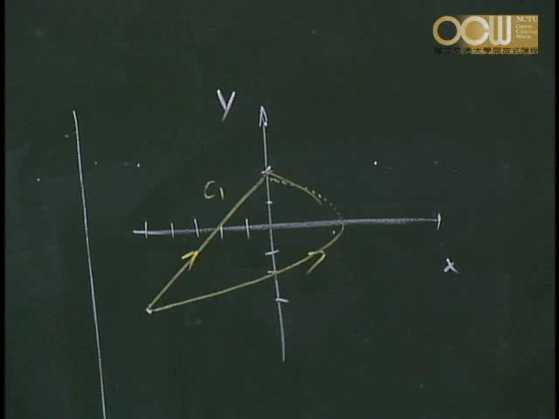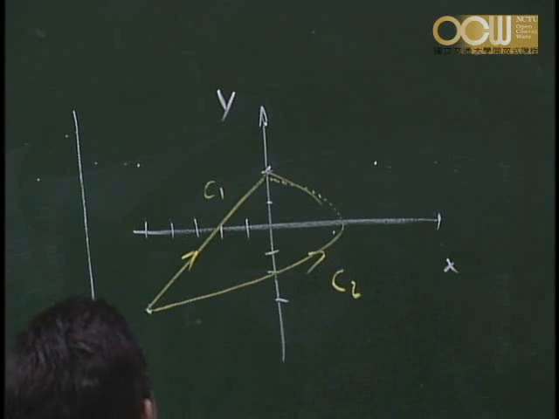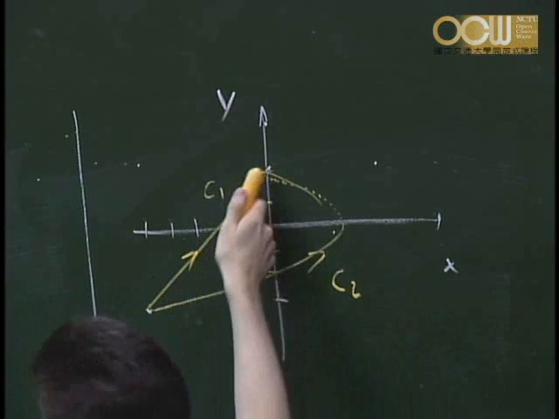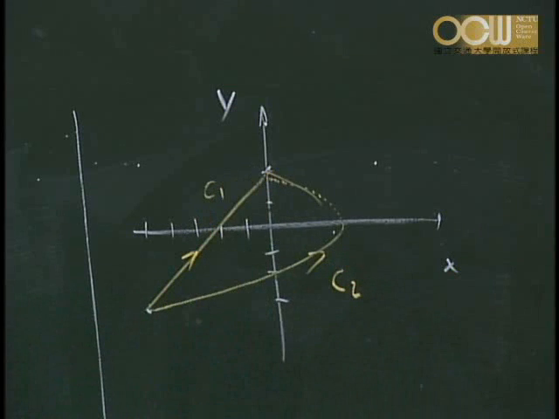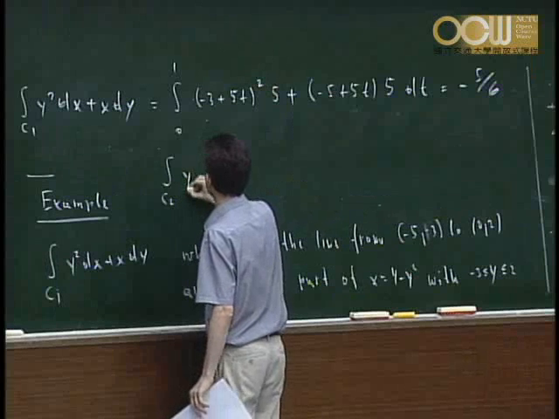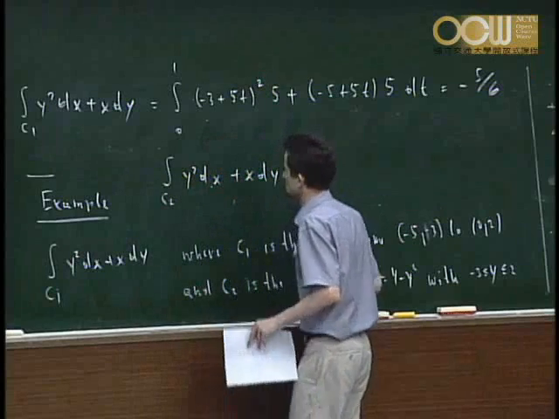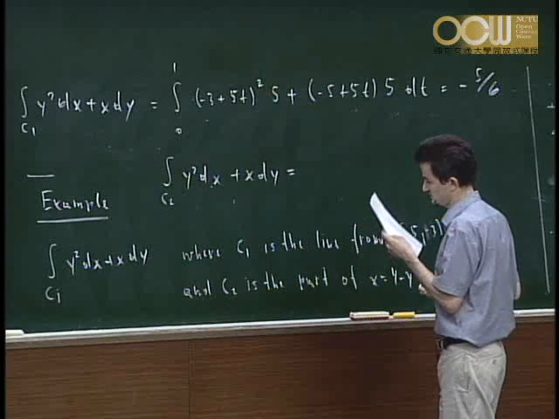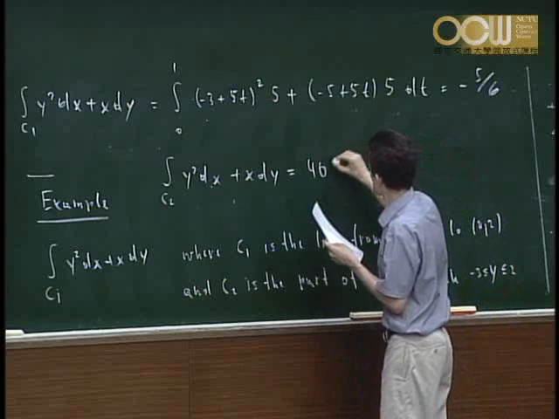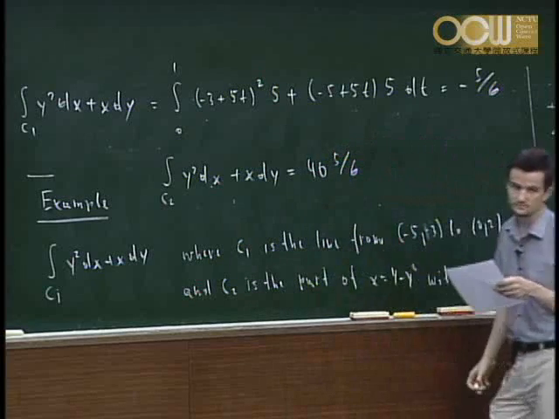This is C2. In particular, you have the same starting point and the same end point. If we compute the line integral, you can do this on your own. It's not very complicated. For the second one, what you get is something different.